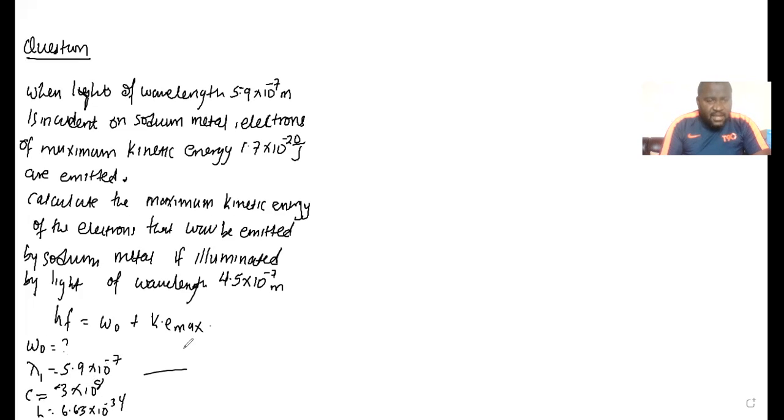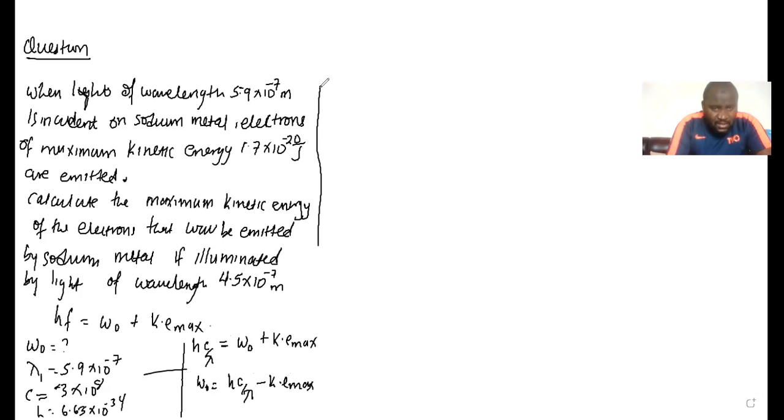Now, when you simplify this equation, it becomes hc over lambda, because frequency we saw as c over lambda, is equal to the work function of the metal plus the kinetic energy maximum. The work function of the metal, as long as you're still on the same metal, will not change. That's why we need the work function for the second part of the question. So according to this, we can get the work function from hc over lambda minus kinetic energy maximum.